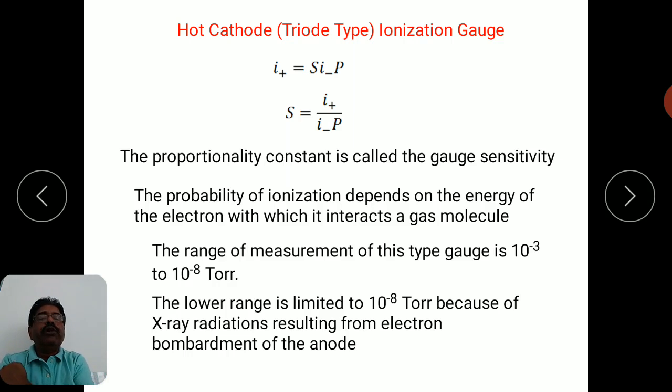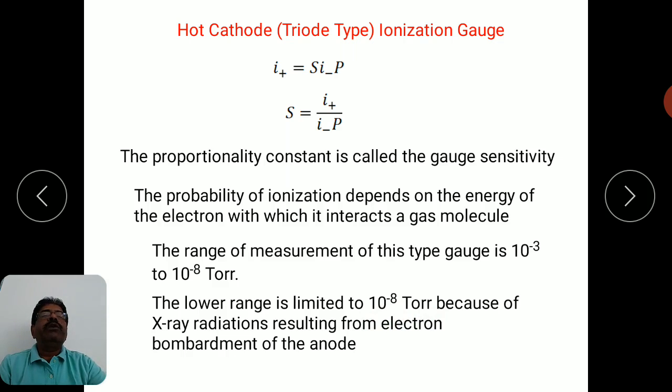You know the production of X-rays: whenever a highly energetic electron strikes a certain metal surface, X-rays are emitted. That phenomenon will take place if you use this hot cathode triode type of ionization gauge beyond the limit of 10 raised to minus 8, further 10 raised to minus 9 or 10. That will produce X-ray radiation, and therefore this is the limitation. You cannot go beyond this range.